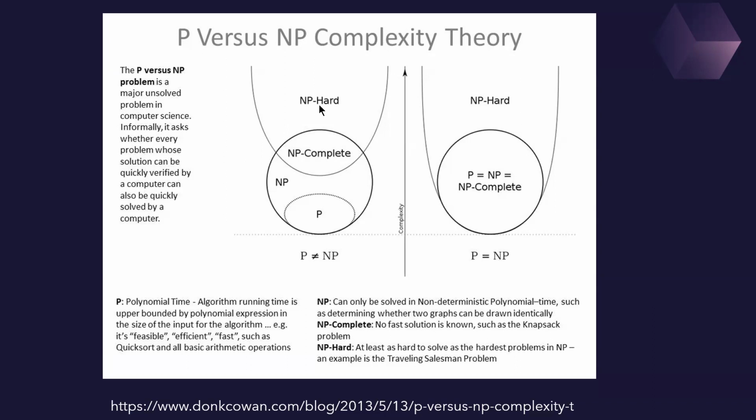Now, what we mean by NP complete and NP hard is that NP can only be solved in non-deterministic polynomial time, such as determining whether two graphs can be drawn identically. And NP complete or NP hard are at least as hard to solve as the hardest problem in NP, which would be some of the examples I showed before, such as the traveling salesman problem. NP complete is when there's no fast solution known, such as the knapsack problem.